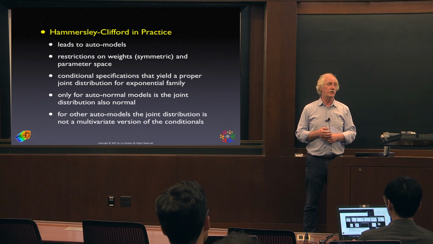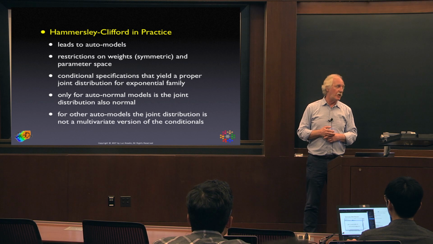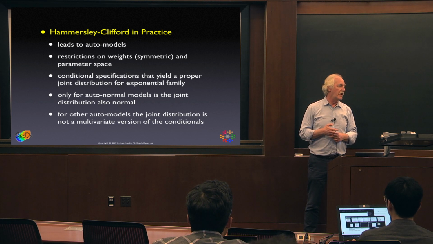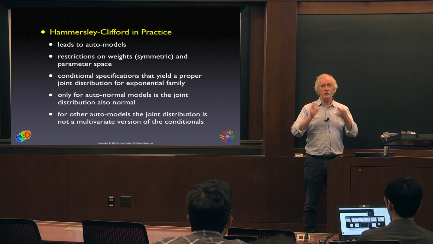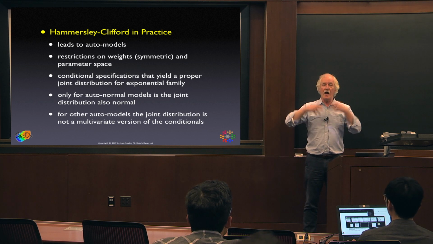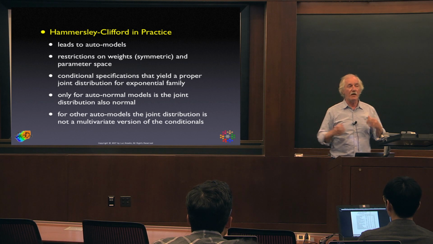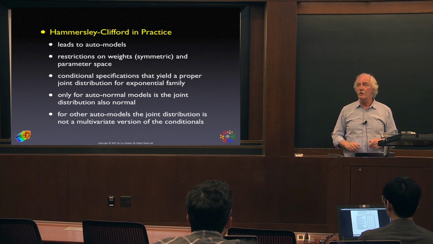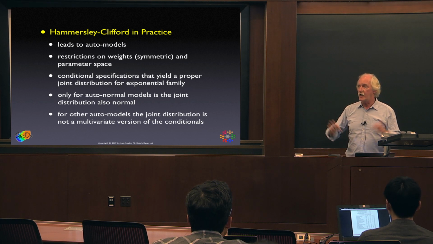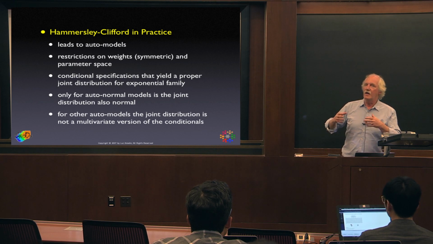And most of us are interested in clustering, which is positive spatial autocorrelation. Negative spatial autocorrelation, if you remember, is this checkerboard thing. It's a high degree of heterogeneity, and that is typically not what we want. So forget auto-Poisson. I mean, I'm exaggerating.